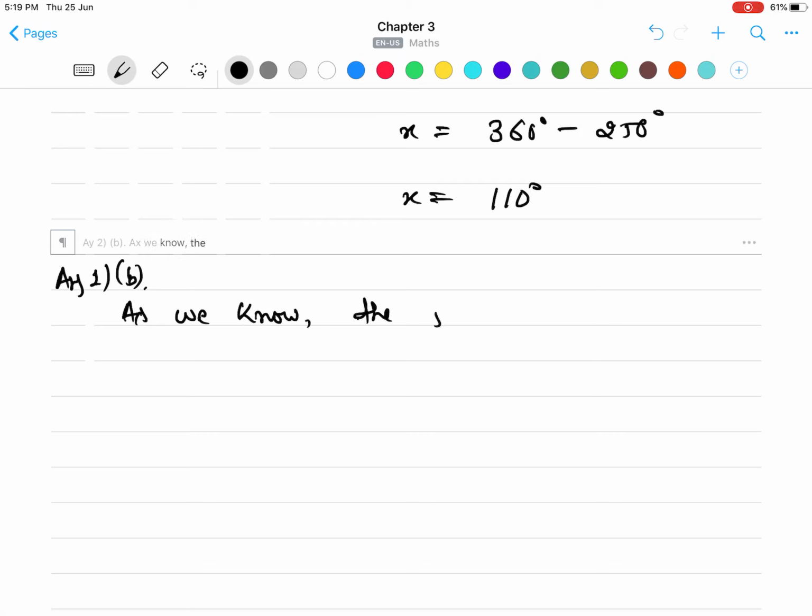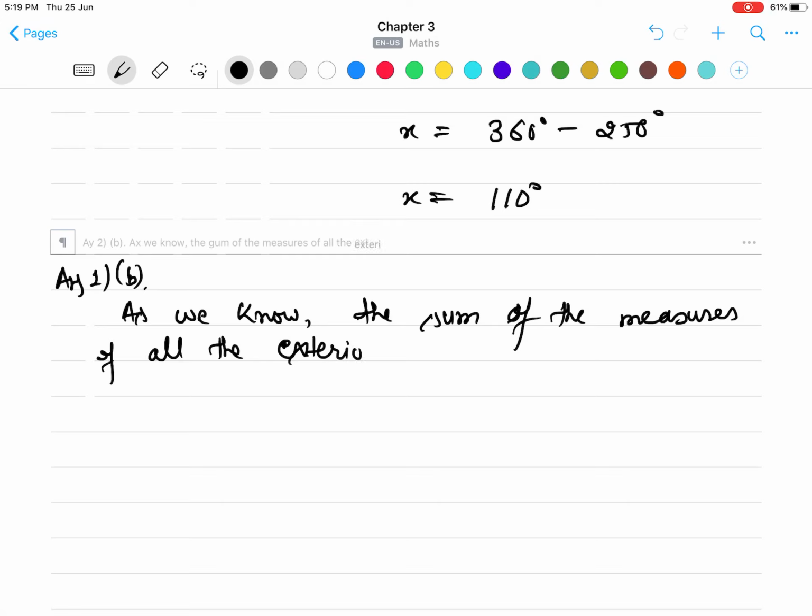the sum of the measure of all the exterior angles of any polygon is 360 degrees.